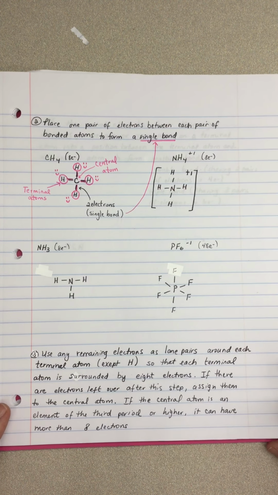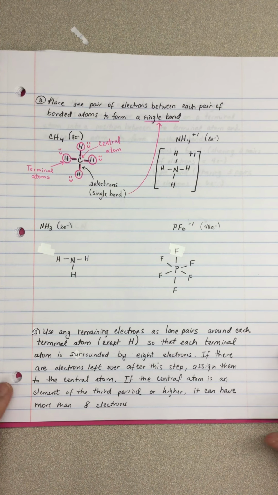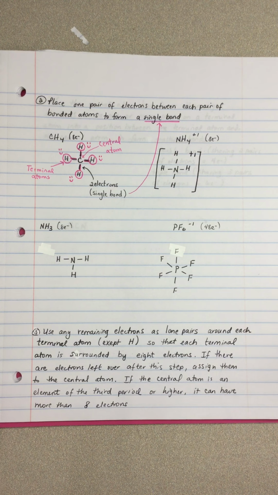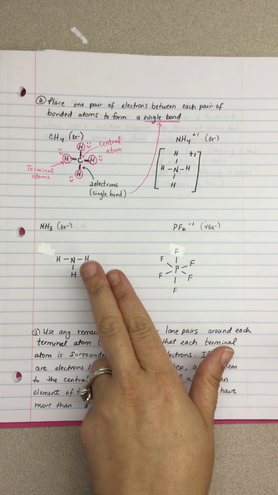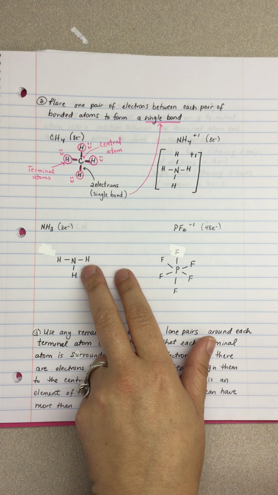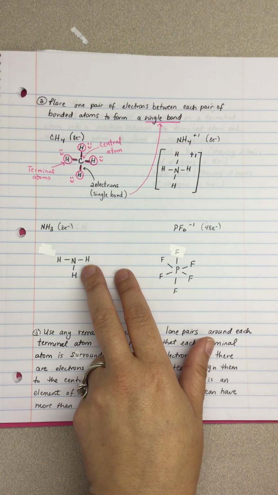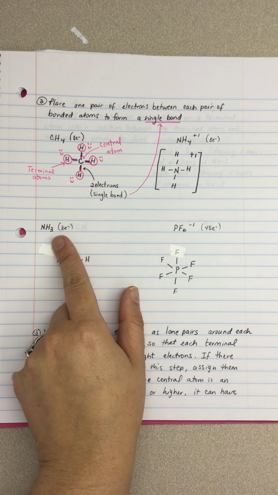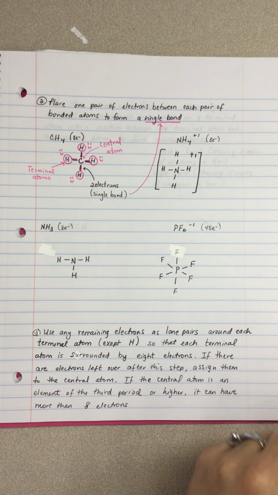And now we're going to do this one, where we actually have to use step number 3. So we counted the total number of electrons, we put the central atom here, and we have the central atom connected to each one of the hydrogens in your molecule.